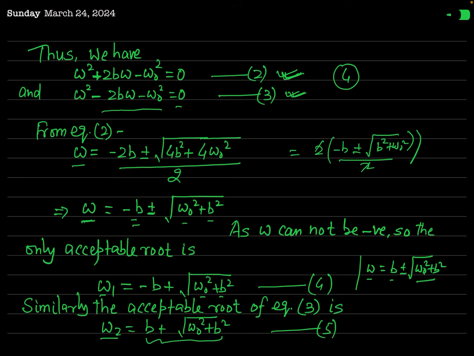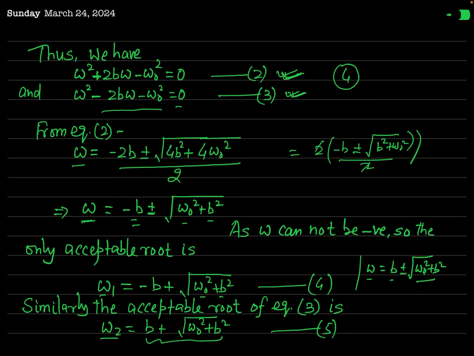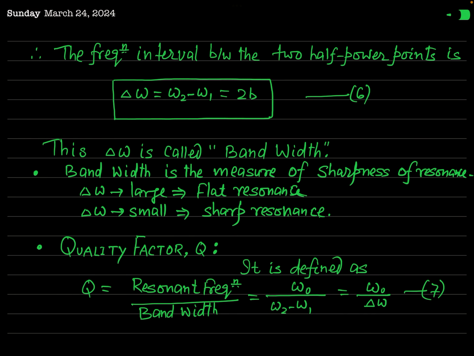Because corresponding to these two frequencies, the power is the same, and that power is equal to P max over 2. And so from the definition of bandwidth, we can say that the bandwidth delta omega is equal to omega 2 minus omega 1.